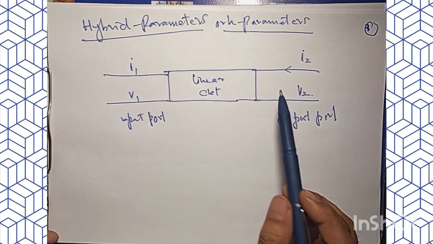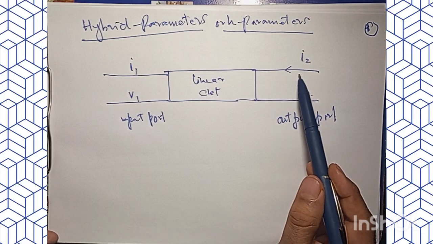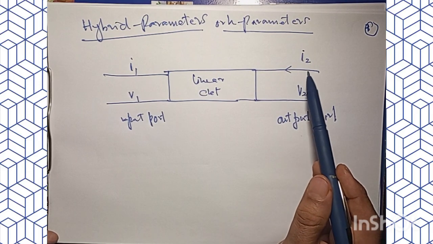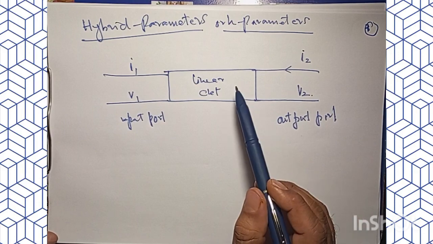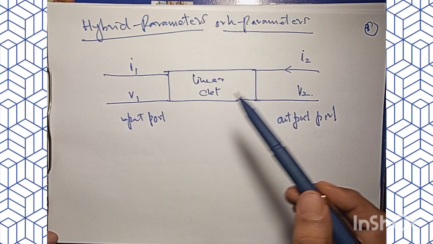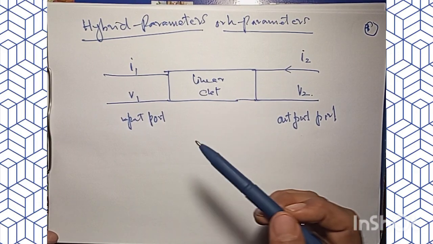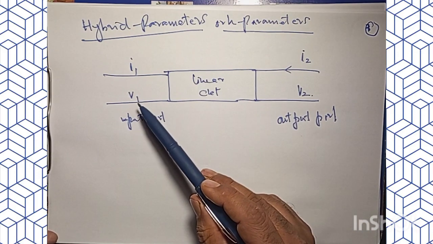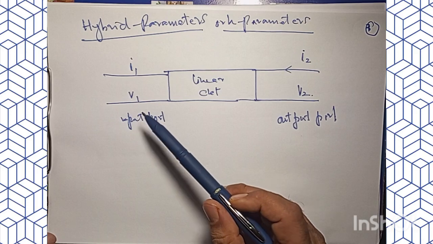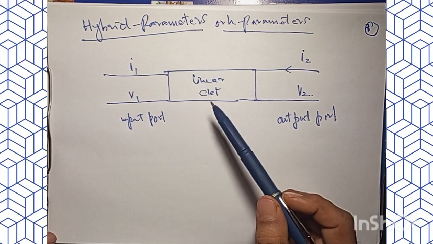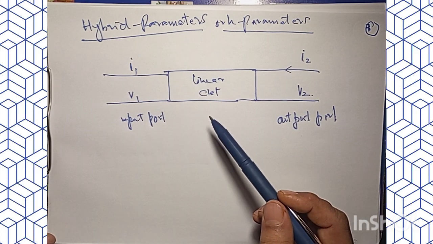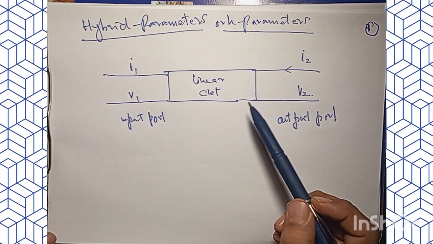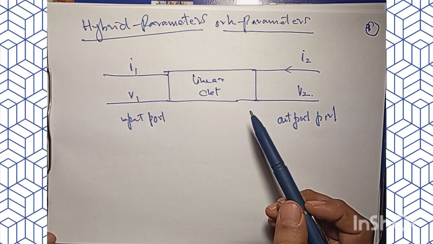And currents at the terminals are considered as positive inwards. The input and output voltages, V1 and V2, are considered positive from the upper to the lower terminal, right? So that's the convention that I'm trying to talk about here.